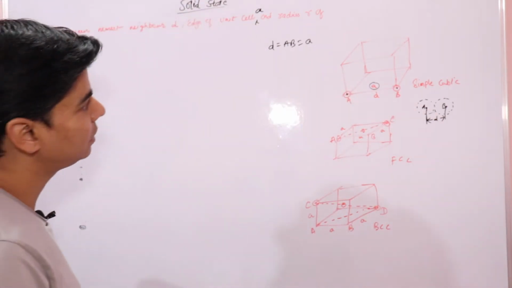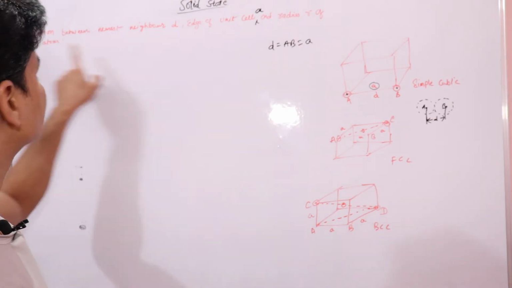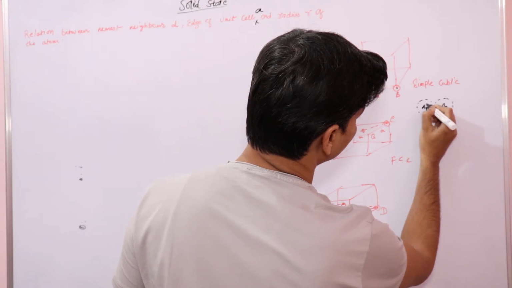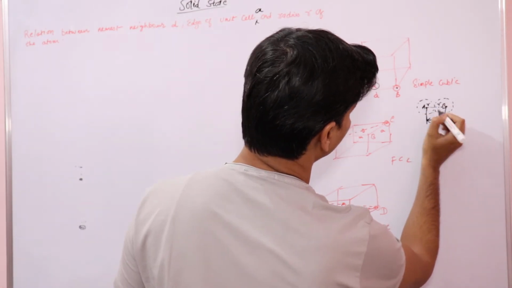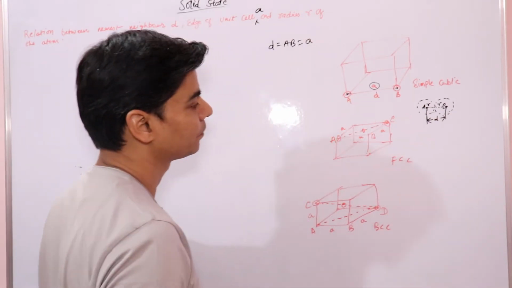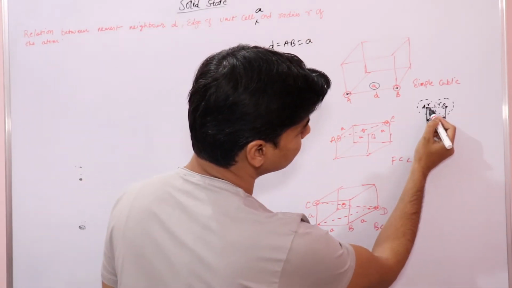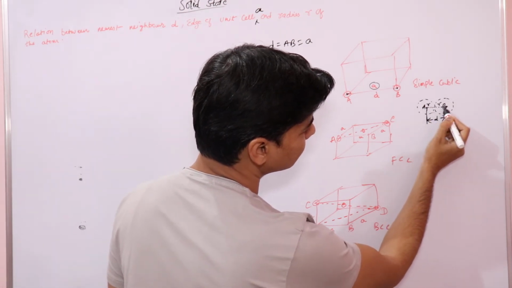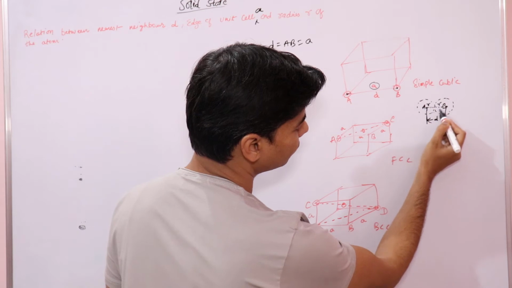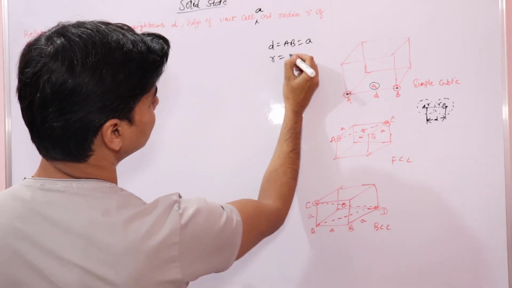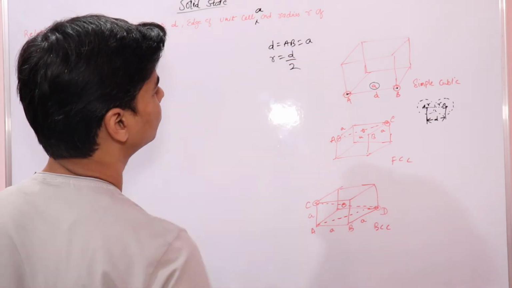And if you want to find the radius R of the atom, this is the radius R. Now this radius is half of this, and this is equal to D. So we can write R is equal to D by 2.